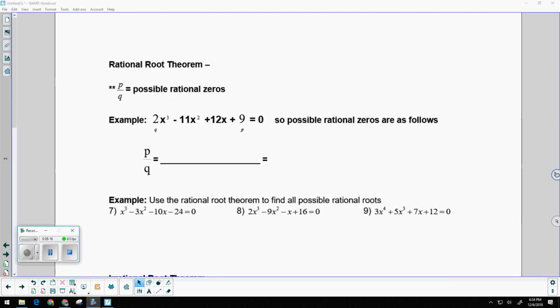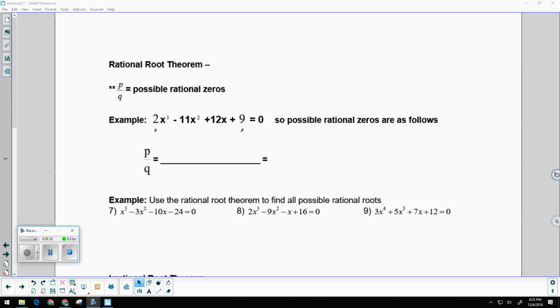Okay, so the majority of the notes today we're going to be talking about the rational root theorem. The rational root theorem gives us a way, if we don't know any of the roots, to kind of guess what those roots might be.